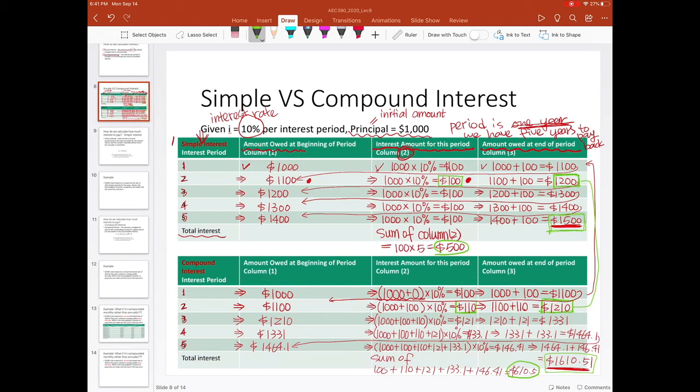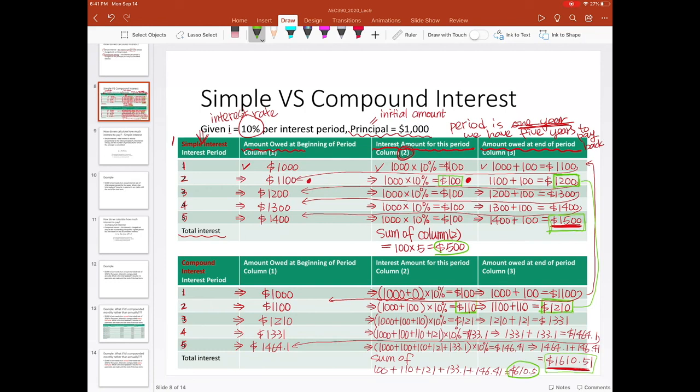And well, you may ask, okay, this table and this process is very long. The goal of doing this is to help you understand how we can have this difference between these two different interest concepts, where it happens.